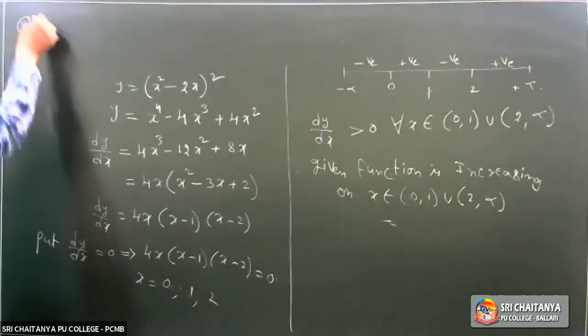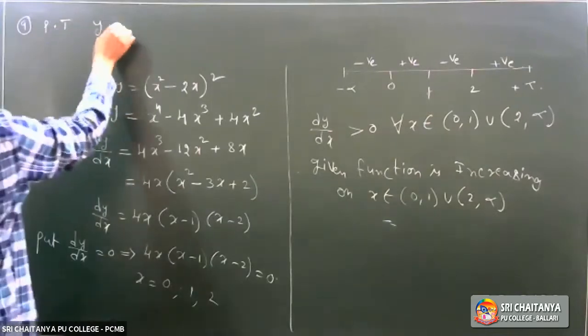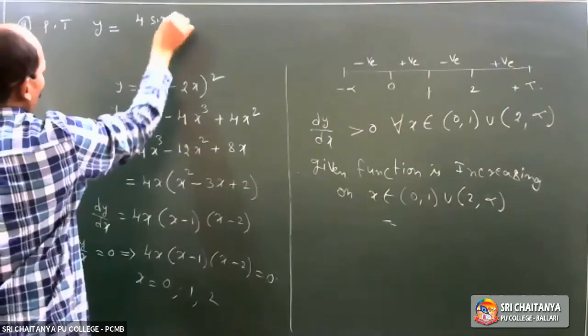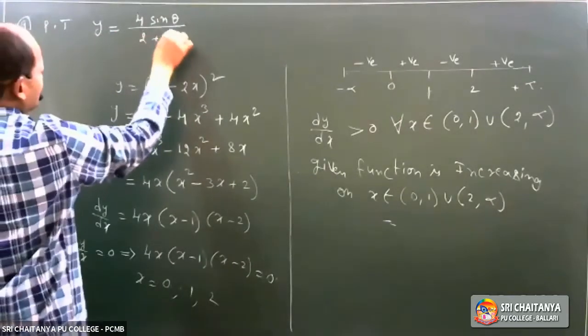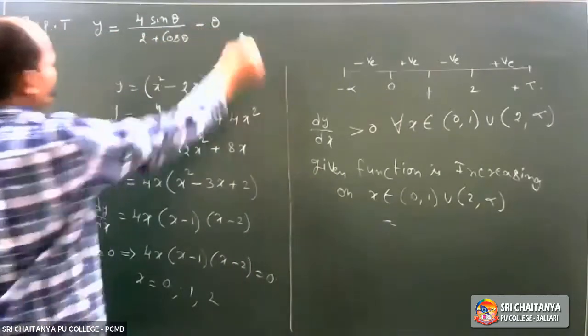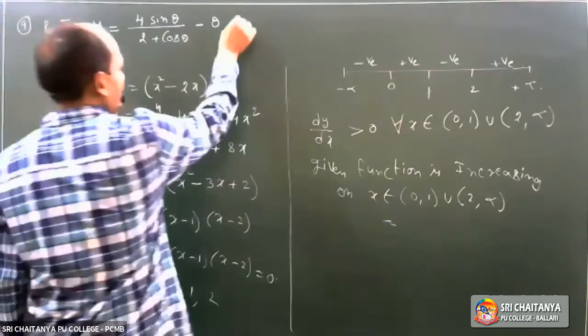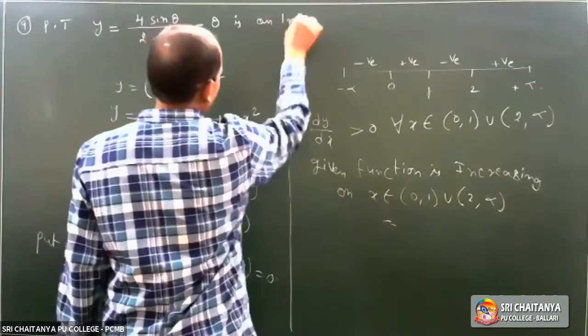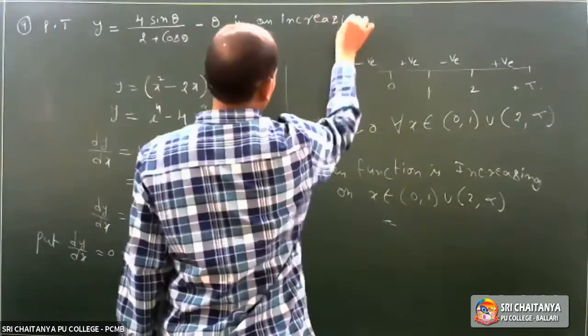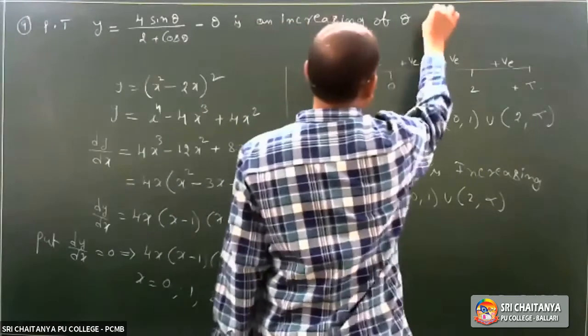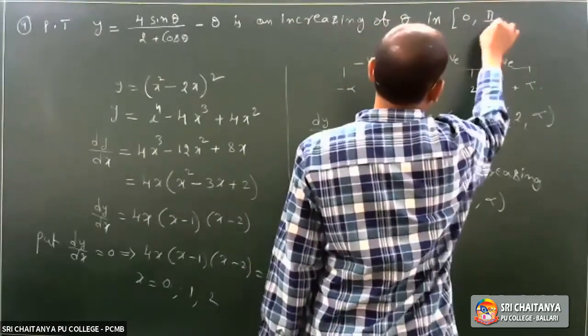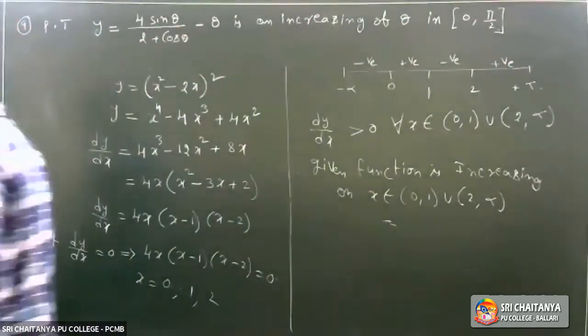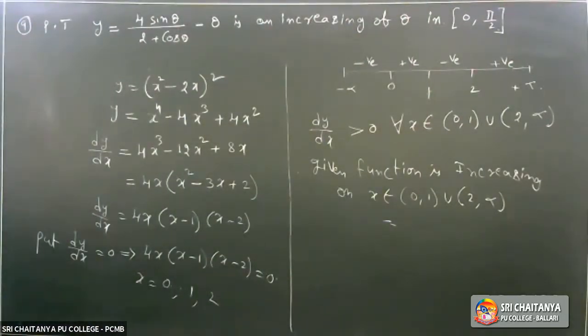Prove that y is equal to 4 sin theta divided by 2 plus cos theta minus theta is an increasing function of theta in 0 to pi by 2.